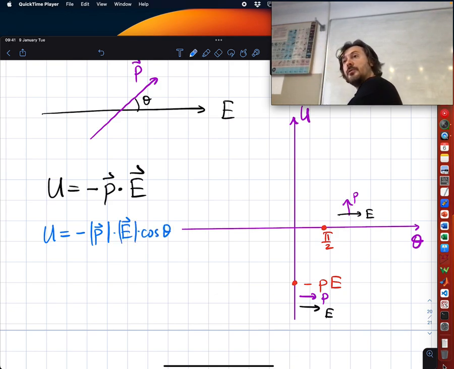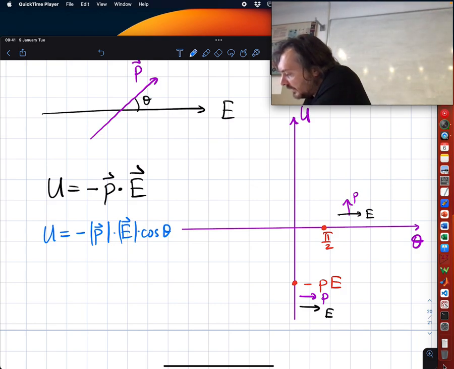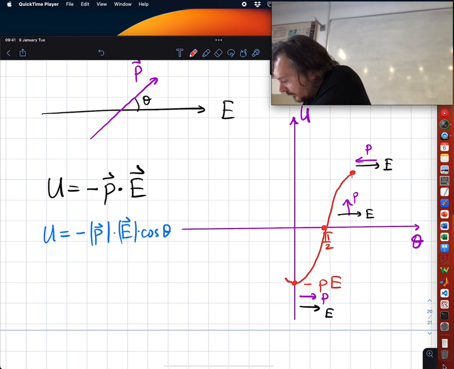So cosine pi over 2 is 0. When it is plus P, then E and P are misaligned, so we have maximum energy. So we have something like this. It's very hard to draw.